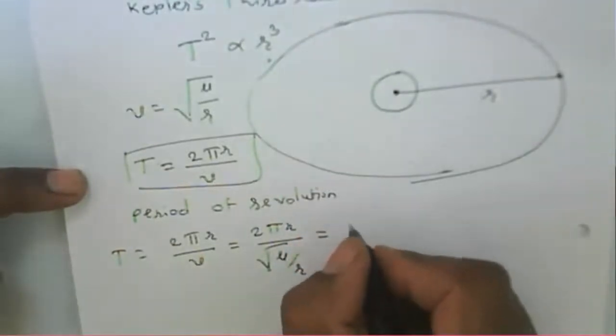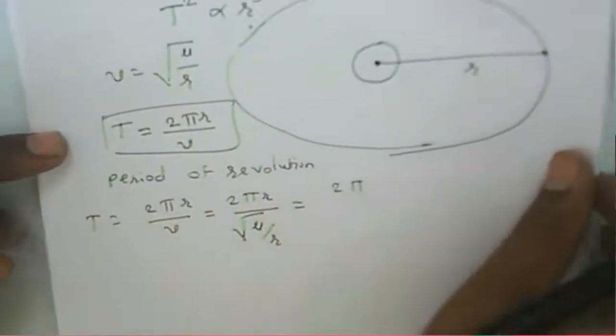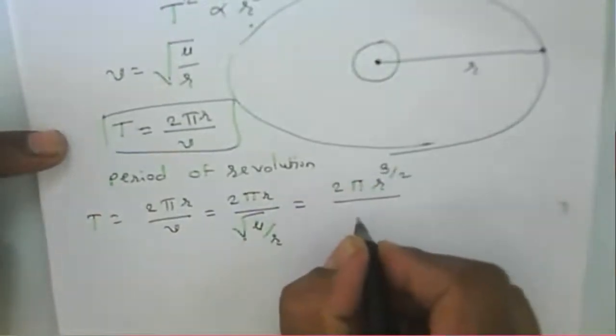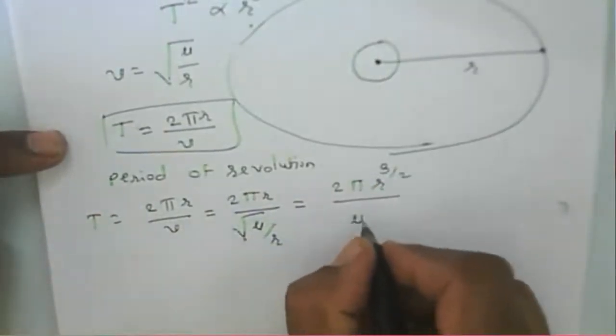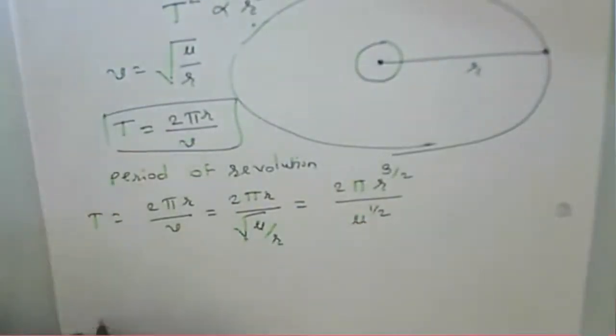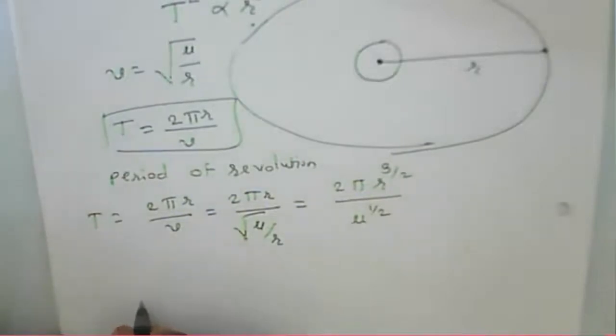If we take the r above, it will be r to the power 1 by 2. So it will be 2π r to the power 3 by 2 divided by the square root of μ.